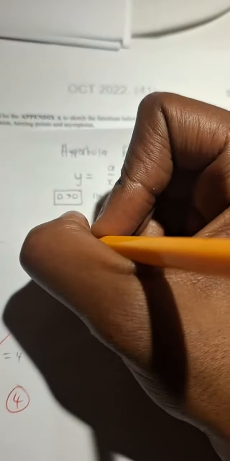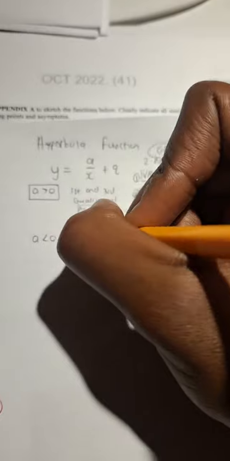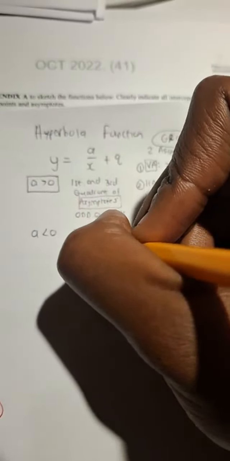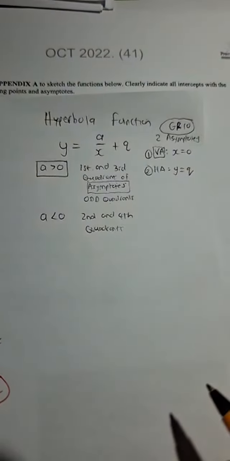When a is less than 0, then we are talking about the even quadrants, the second and fourth quadrants, meaning the even quadrants of the asymptotes.